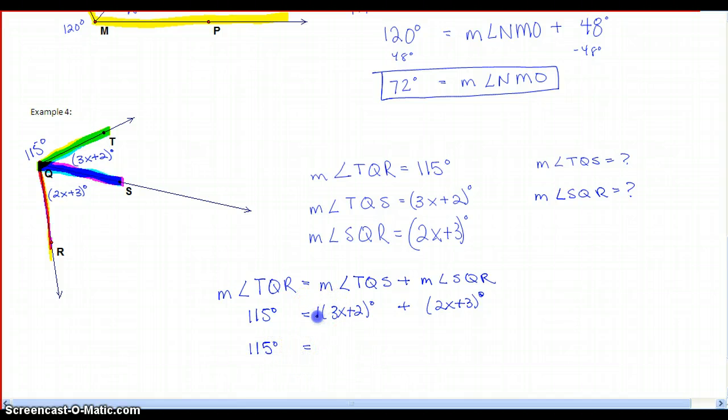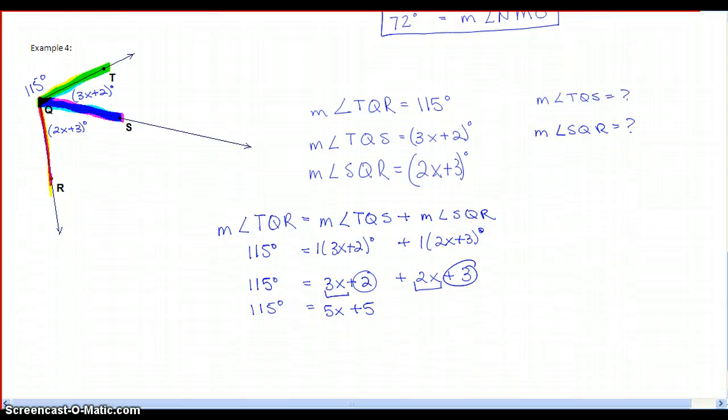So now using all of our properties from this year, 115 degrees. Remember there's an imaginary 1 out front, so we're going to distribute the 1 to eliminate the parentheses. We're going to combine the like terms. So we have 3x's and 2x's for a total of 5x. We have 2 and 3 for a total constant of 5.